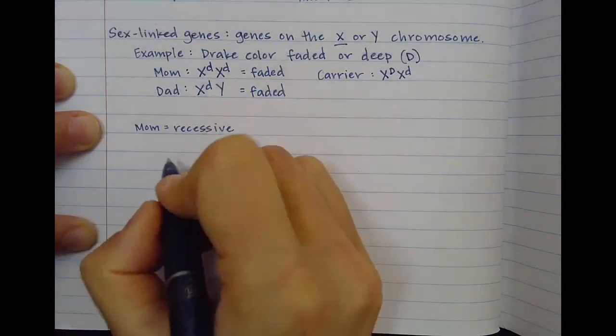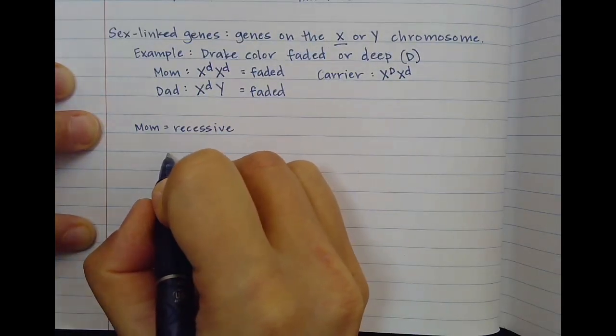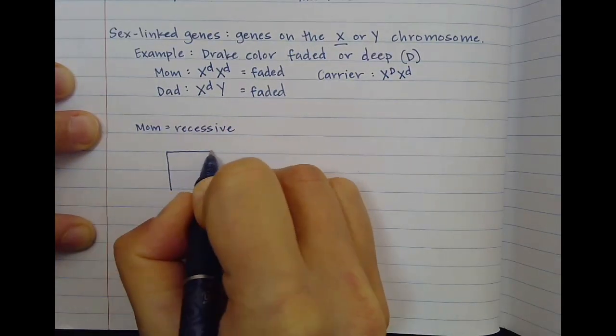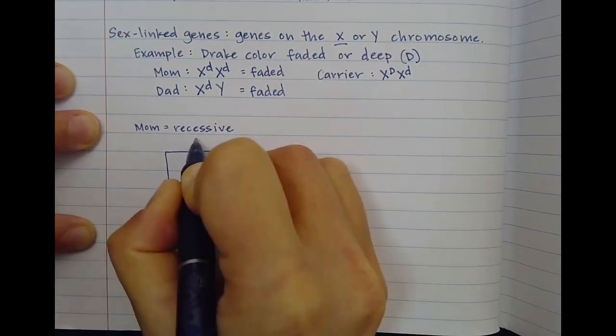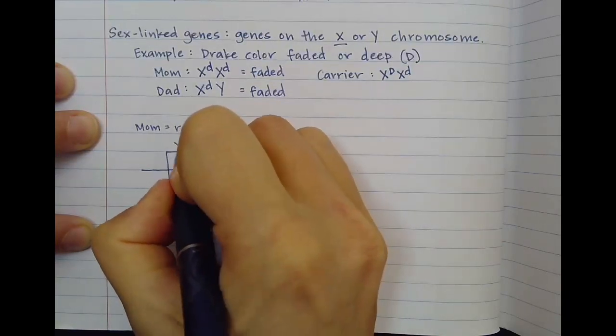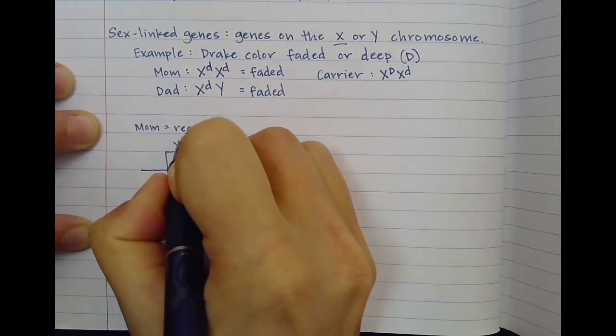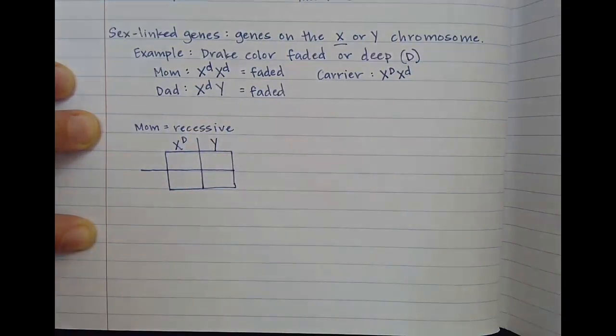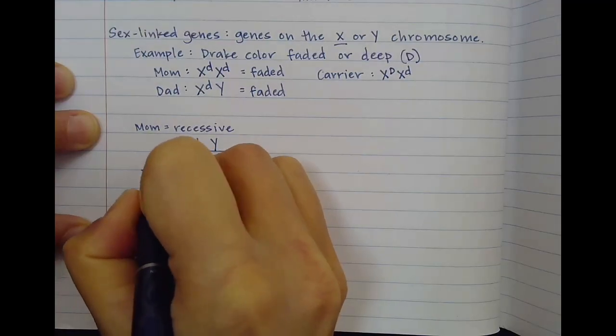So when mom has the recessive trait, I'm going to need to draw my Punnett square here. And I drew it kind of wide because we've got multiple letters that have to fit in here. So dad does not have the trait. Mom does.